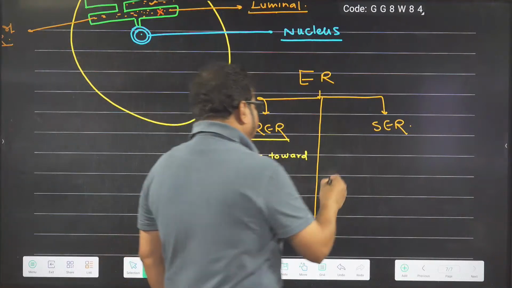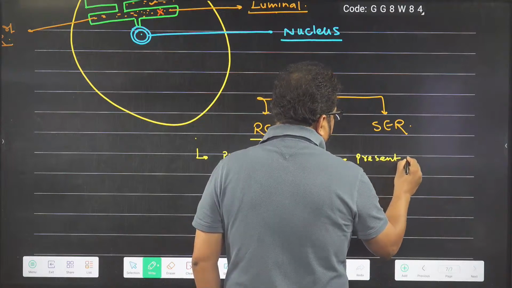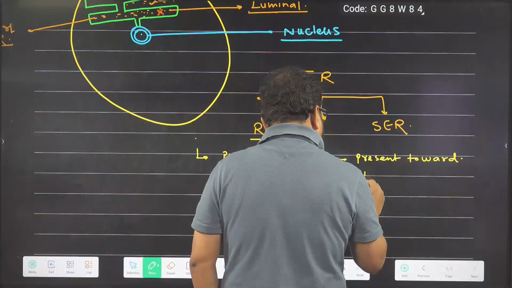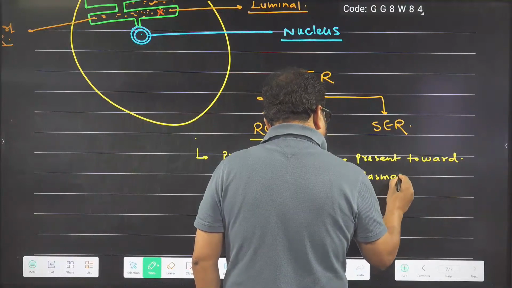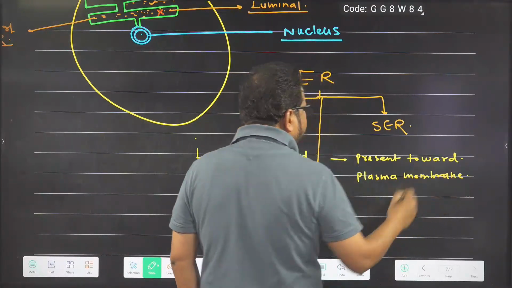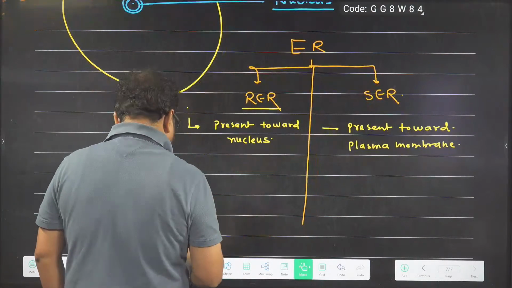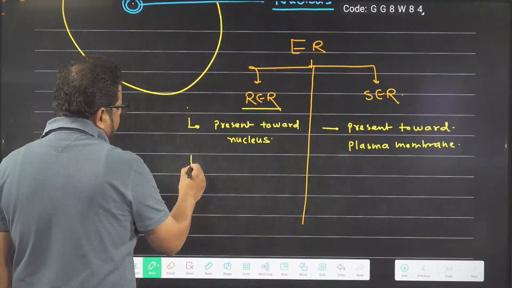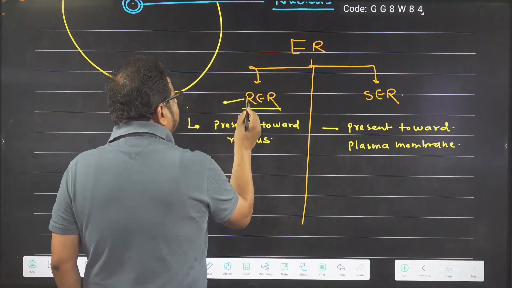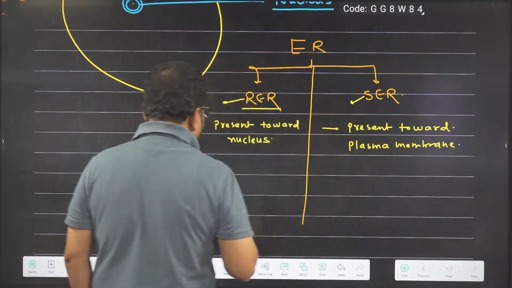If you talk about SER, it is present toward the plasma membrane. So the endoplasmic reticulum facing the nucleus is called RER, and the one facing toward the plasma membrane is called SER. Another difference is that R means rough endoplasmic reticulum and S means smooth endoplasmic reticulum.